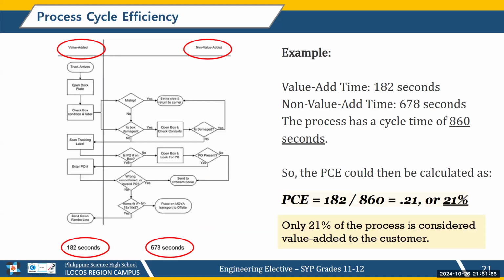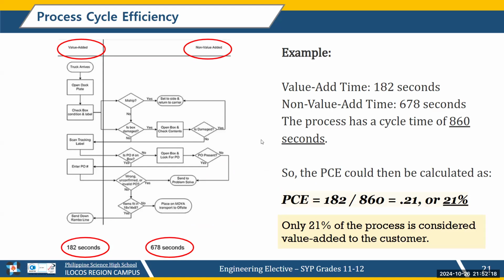So for example, here is a process map of a certain process wherein the value add time totals to 182 seconds and the non-value add time is 678 seconds. So therefore, by adding these two, we get the lead time of 860 seconds.